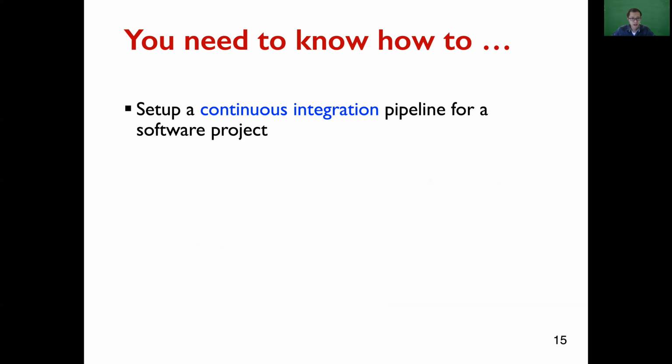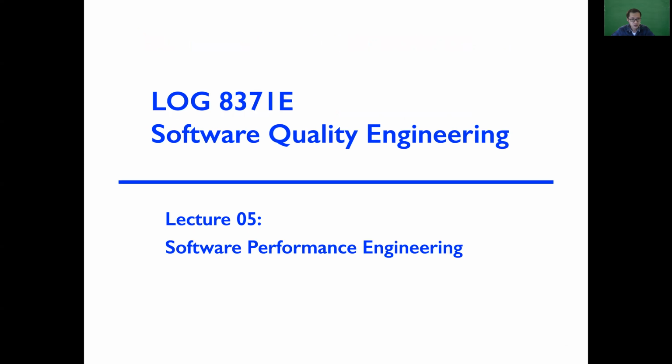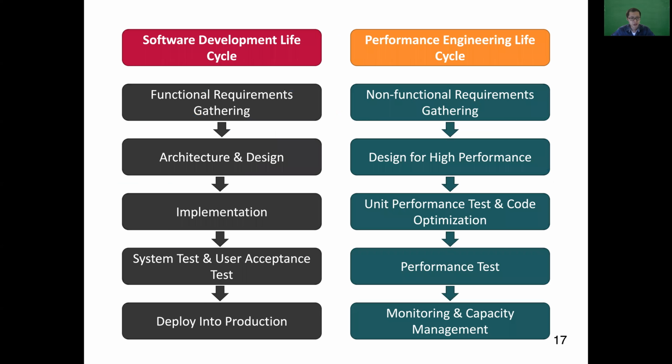This is the fourth lecture. The fifth lecture, software performance engineering. To summarize, software performance engineering happens throughout the entire software development lifecycle, from functional requirement gathering to deployment to the production environment.